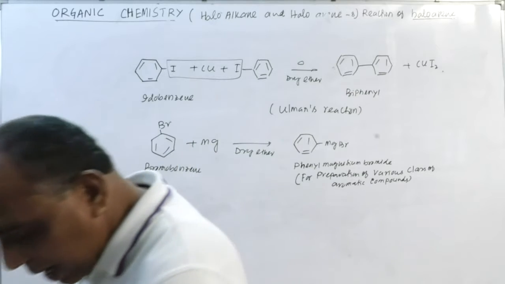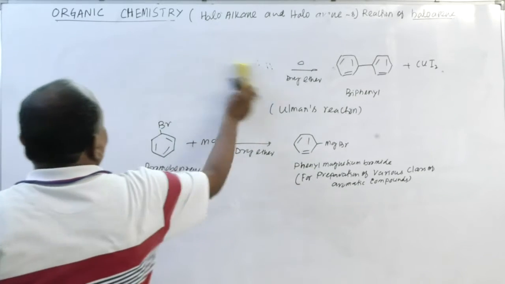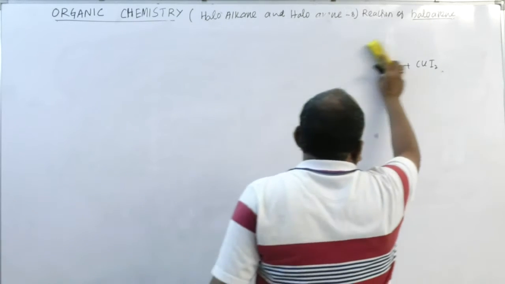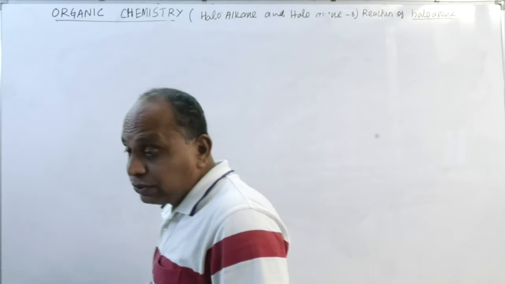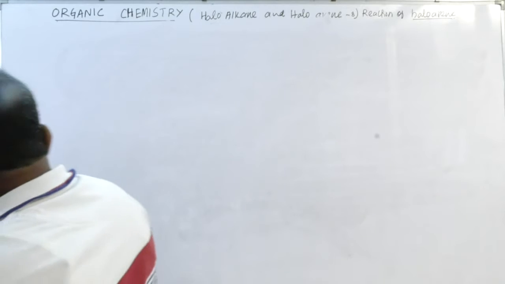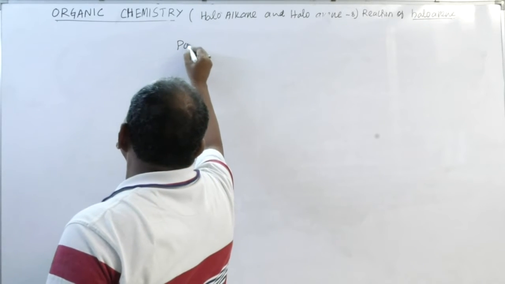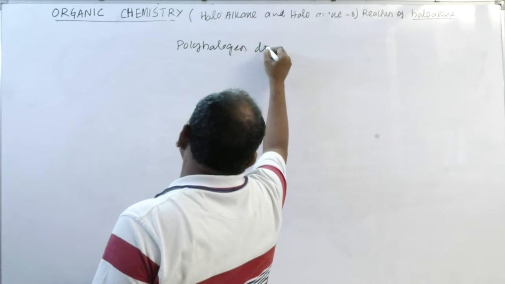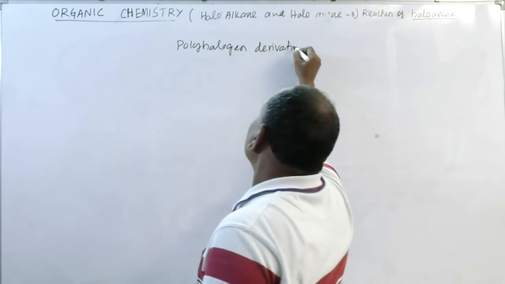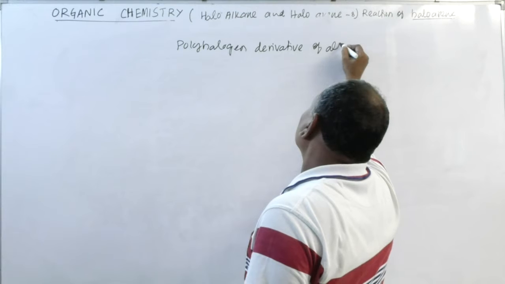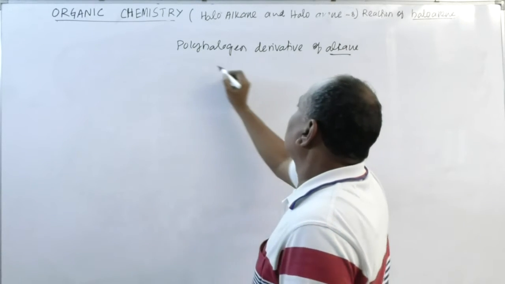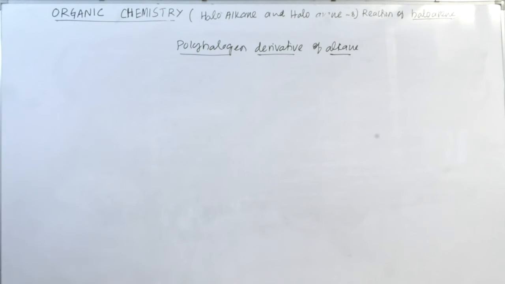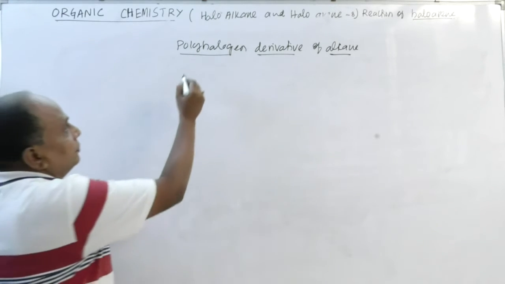Okay, students, next we will discuss today the environmental effects and uses of some polyhalogen derivatives of alkane. Polyhalogen derivative of alkane. What do I mean by poly?